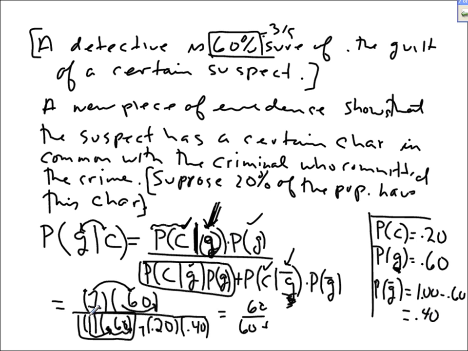Plus, in the bottom, move this decimal one place and this one place for a total of 2 places. 2.0 is 2. 4.0 is 4. 2 times 4 is 8. It's 60 out of 68.